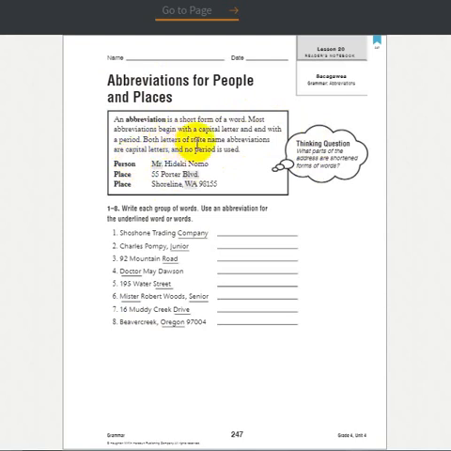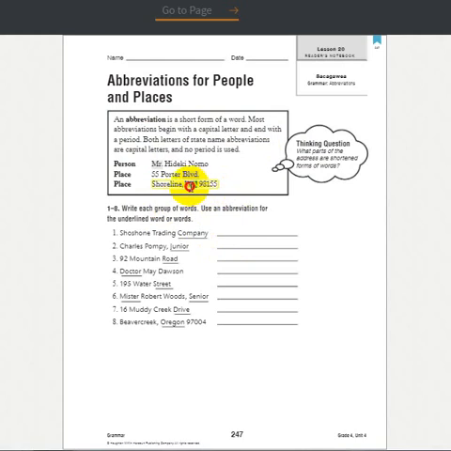Both letters of state name abbreviations are capital letters and no period is used. So if we're talking about a state like California, New York, Texas, all these are states in the United States, if we're going to make an abbreviation for them, both letters will be capital and there's no period.